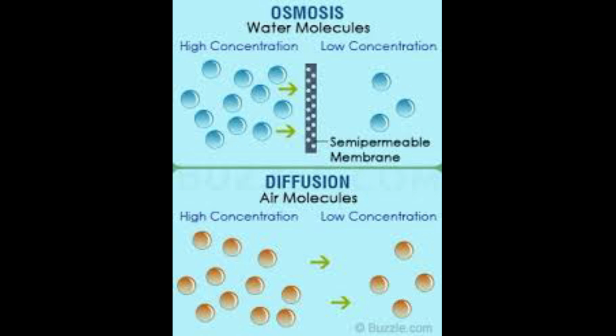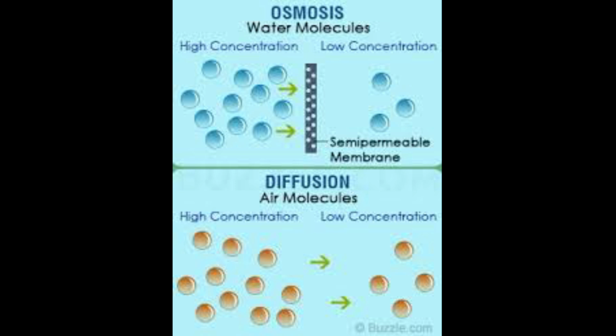In the cell's external environment, the concentration of carbon dioxide is low as compared to that inside the cell. As soon as there is a difference of concentration of carbon dioxide inside and outside of a cell, carbon dioxide moves out of the cell from a region of high concentration to a region of low concentration outside the cell by the process of diffusion.